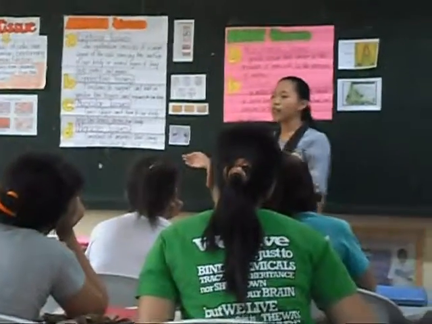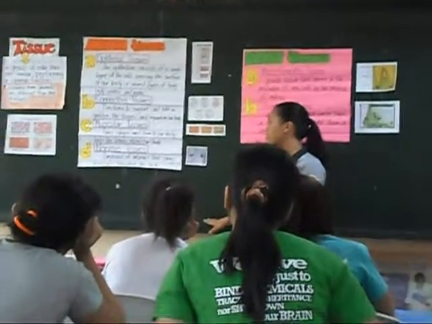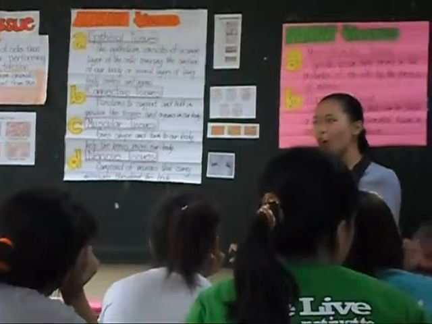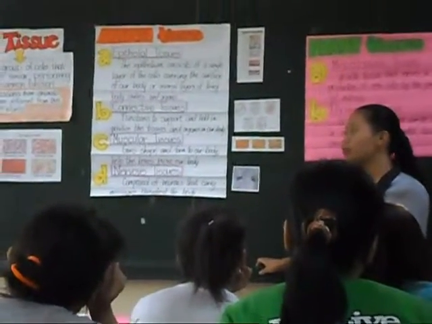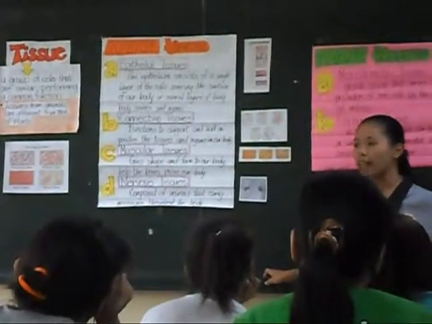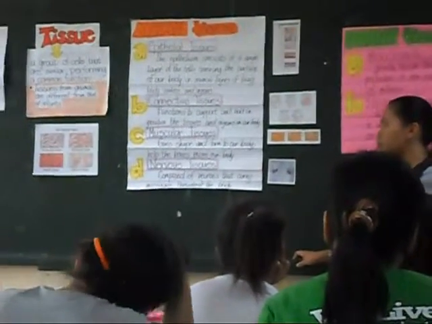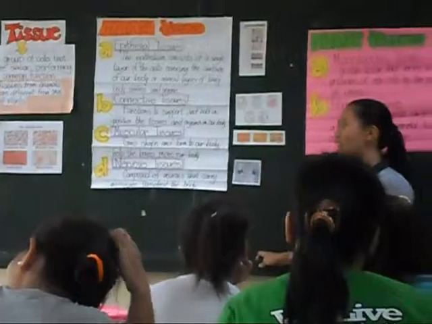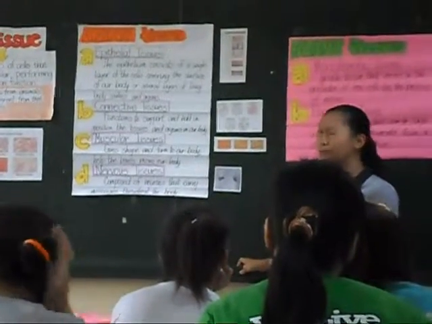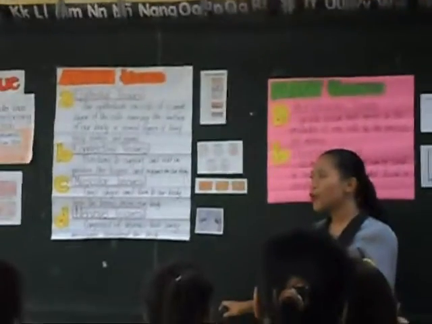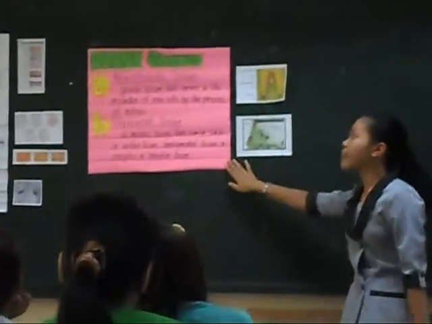This is important because in the absence of these neurons, we can no longer process anything at all. They are responsible for us to function well; otherwise we will be numb and no longer useful to society. Next are the plant tissues.